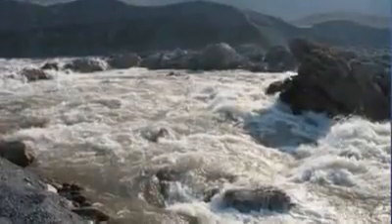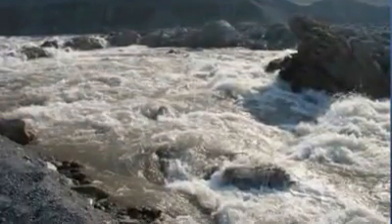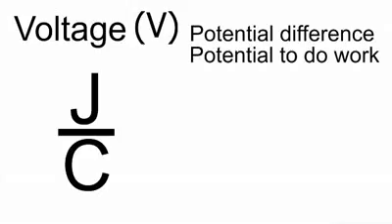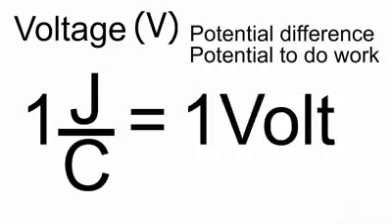So why do we use the word potential? What does that mean? The word potential refers to the potential to do work. The potential to do work is given in units of joules per coulomb. That is, the energy per unit charge. But 1 joule per coulomb is given another name. It's called a volt.